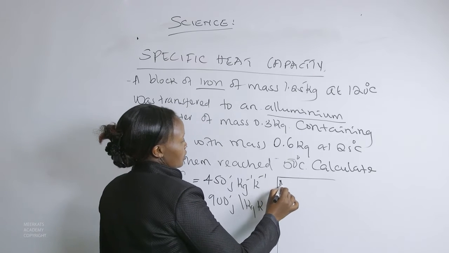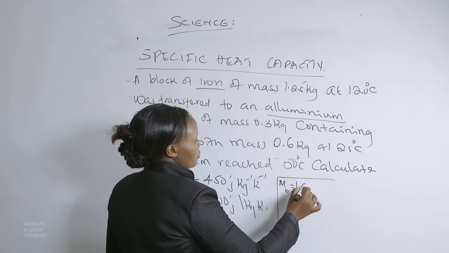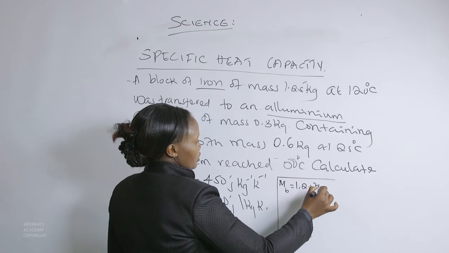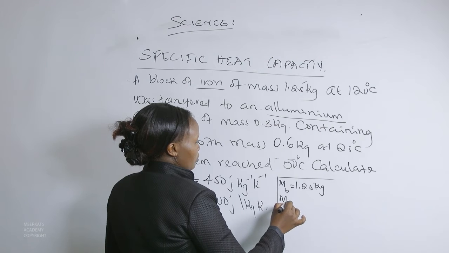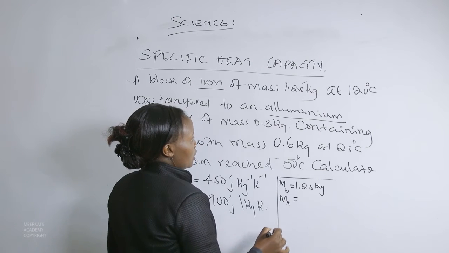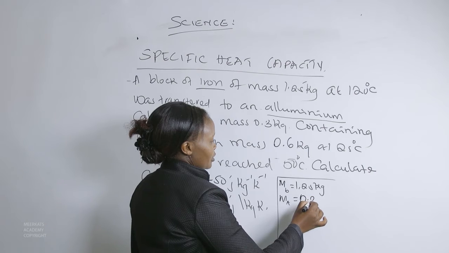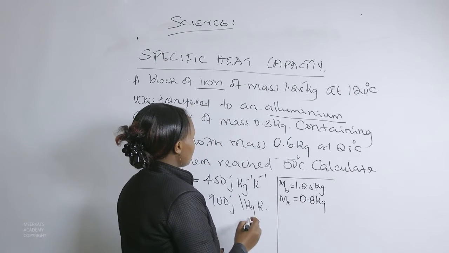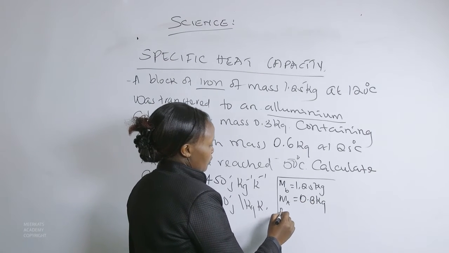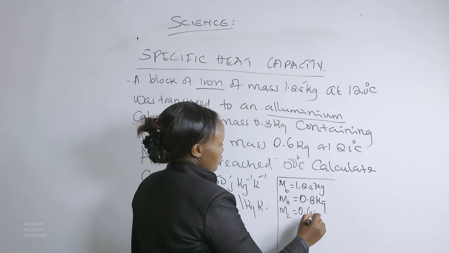Mass of the block is 1.25 kg. Mass of the aluminium calorimeter is 0.3 kg. Mass of the liquid is 0.6 kg.